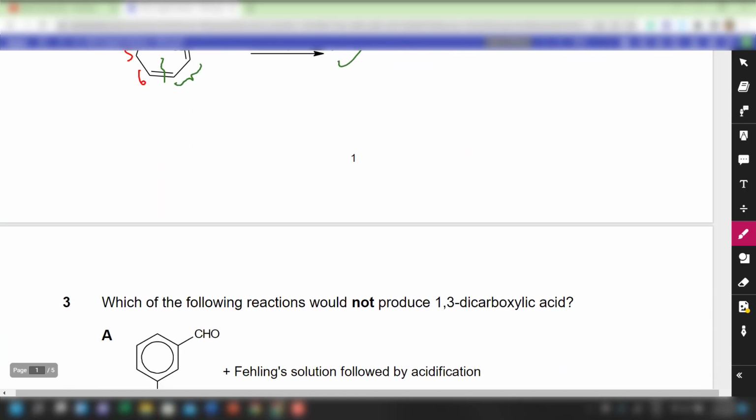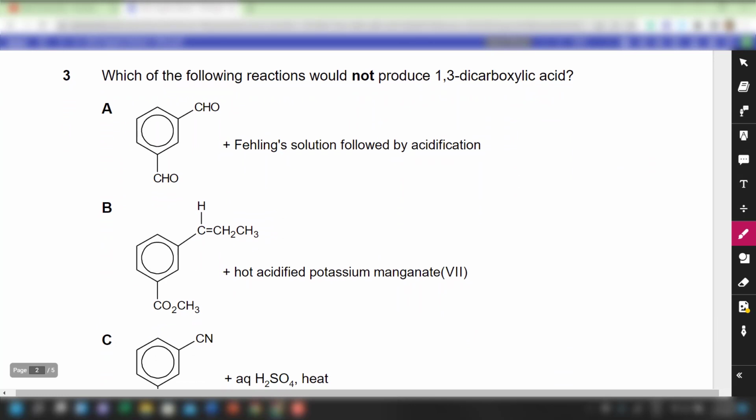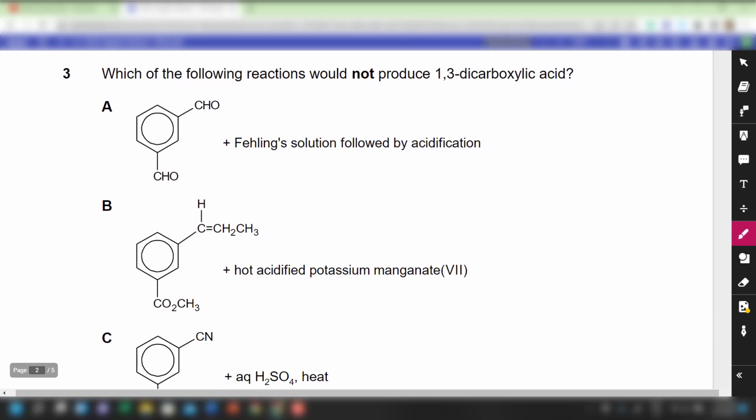Alright, next we'll move on to question 3. Which of the following reactions would not produce 1,3-dicarboxylic acid? Now, Fehling's solution followed by acidification. We all are aware that the compound given to us in this case is an aromatic aldehyde.